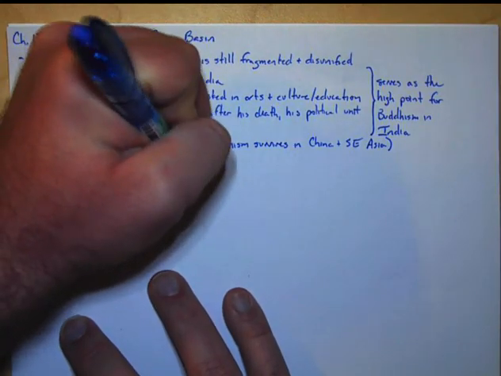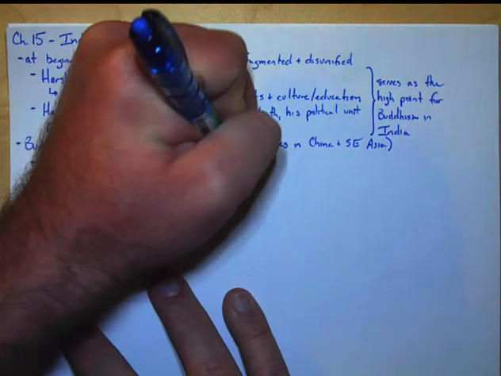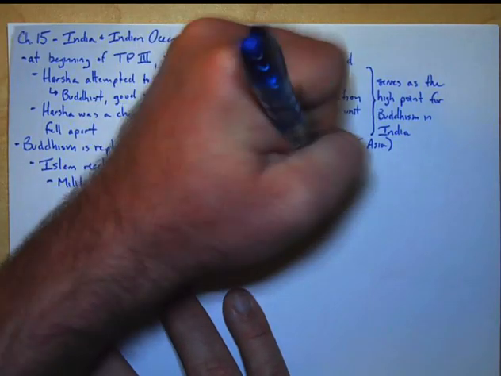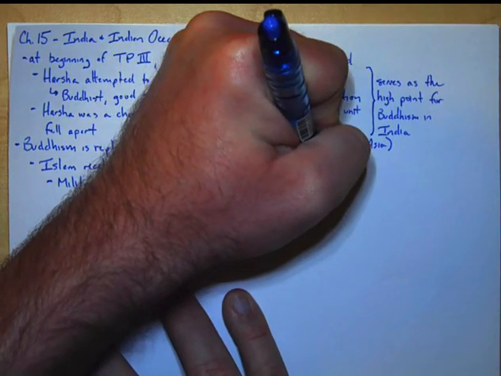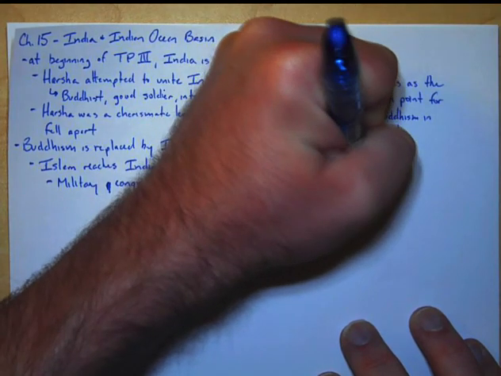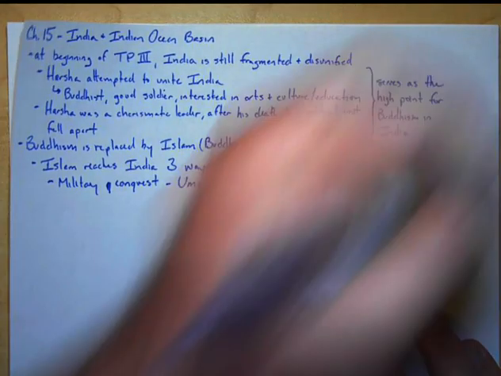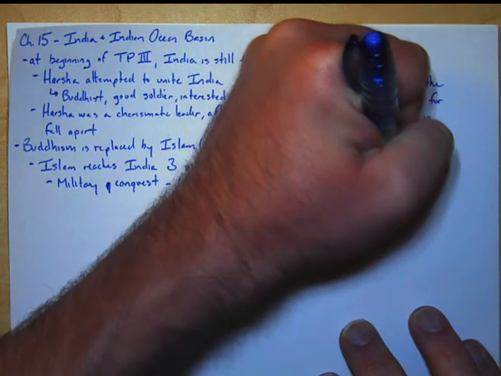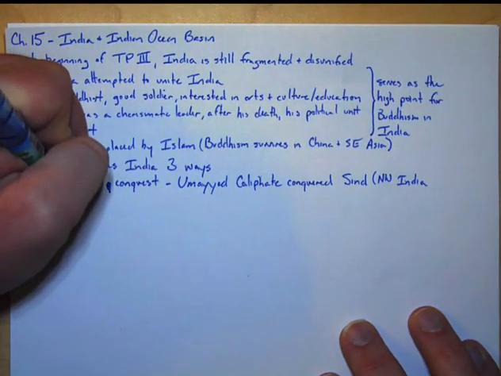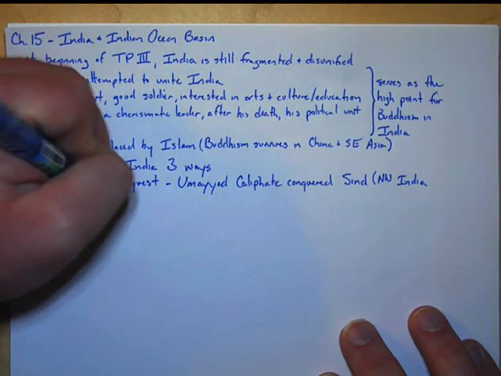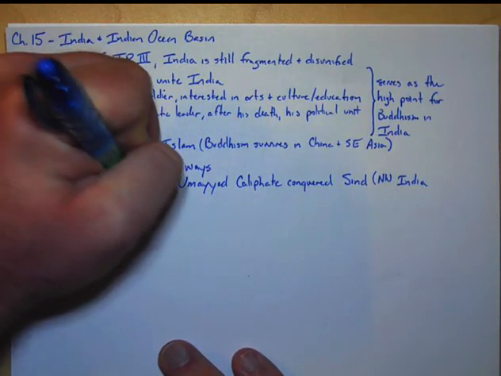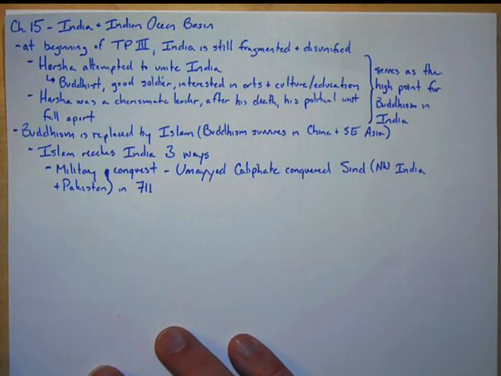The Umayyads, the Umayyad Caliphate, conquered what's known as Sindh, which is really northwest India and parts of Pakistan, in the 700s, so in 711.